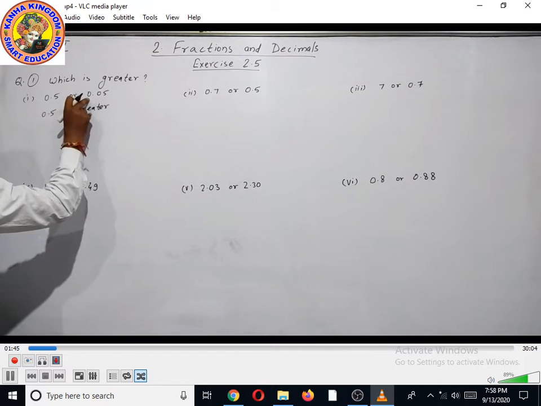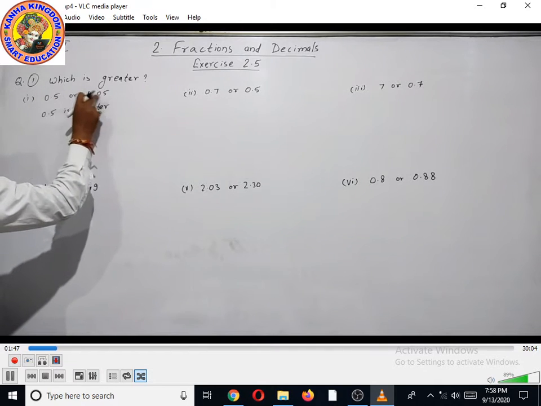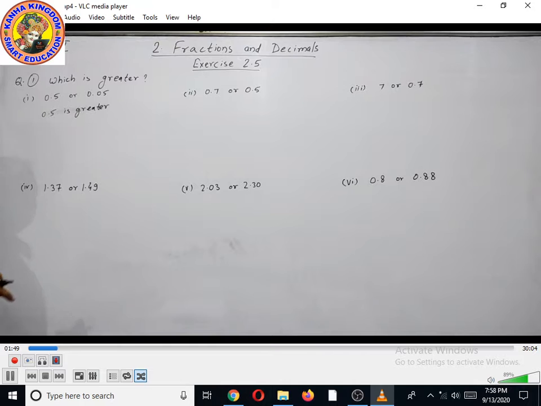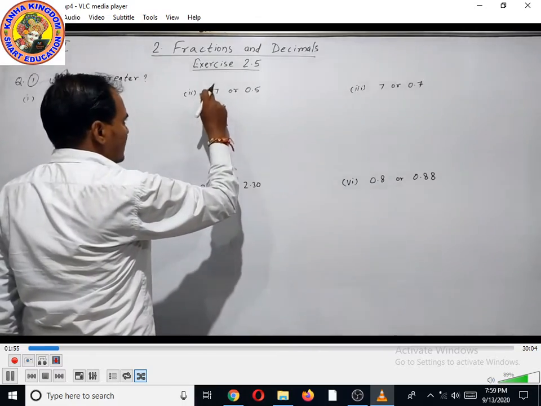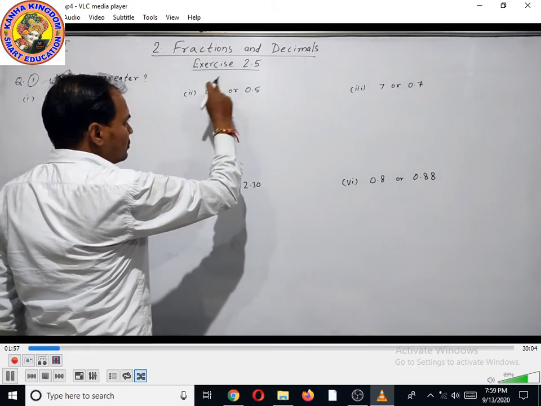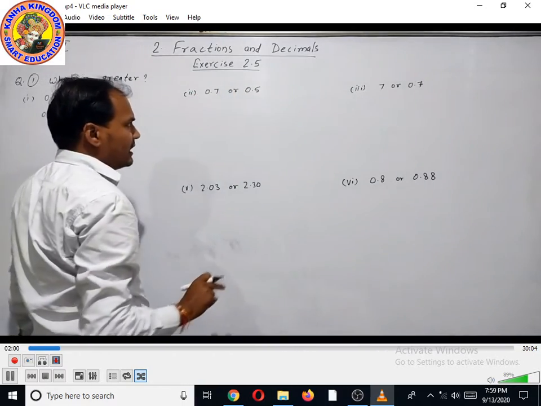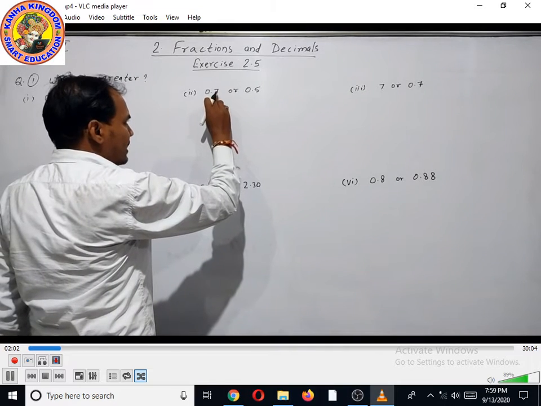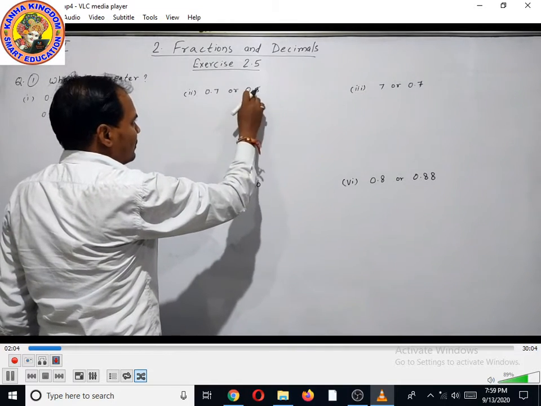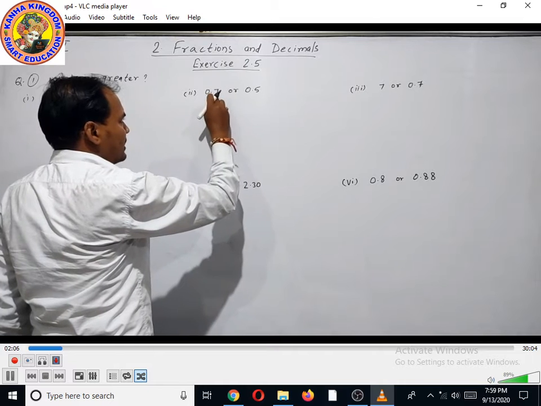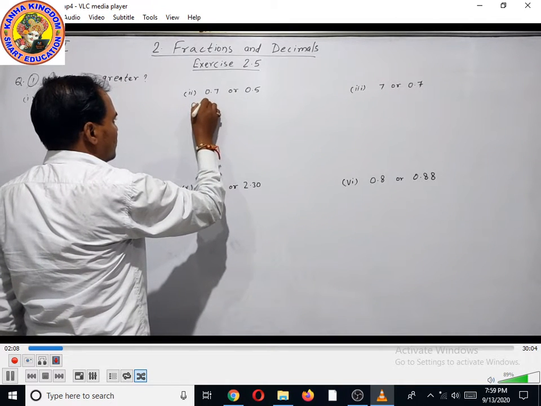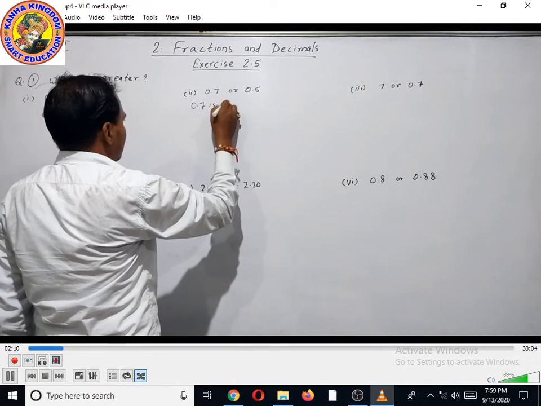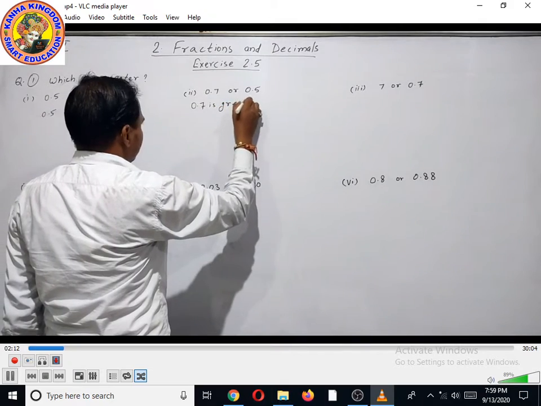The integer parts 0 and 0 are equal, and 5 is more than 0, so this digit is greater. In the next pair, the integers 0 and 0 are equal, then in the decimal part 5 and 7, 7 is greater, so 0.7 is greater.